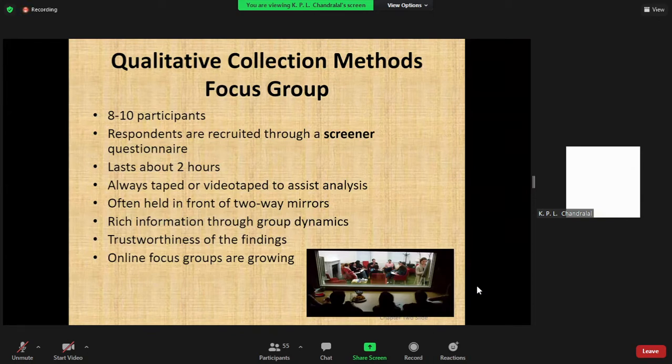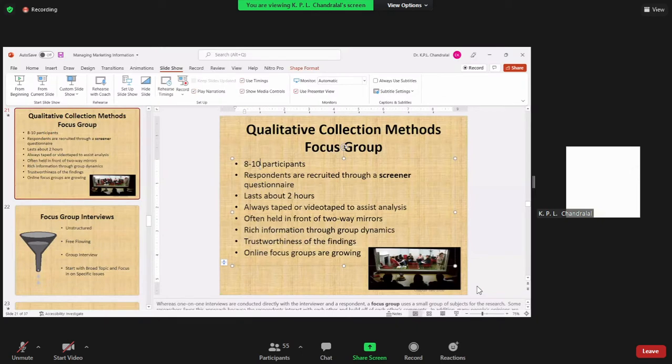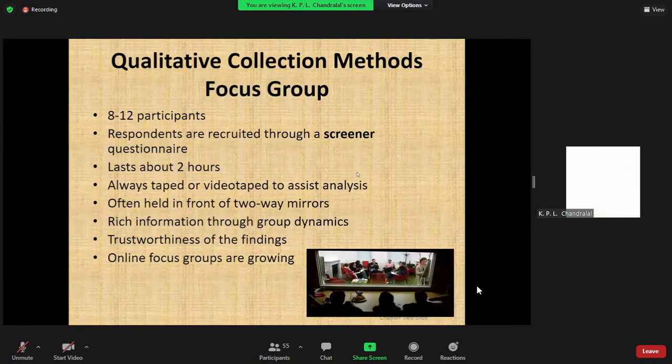Usually, here we conduct a kind of discussion with 8 to 12 participants. Usually the minimum is 8 and the maximum is 12. That's the rule of thumb.